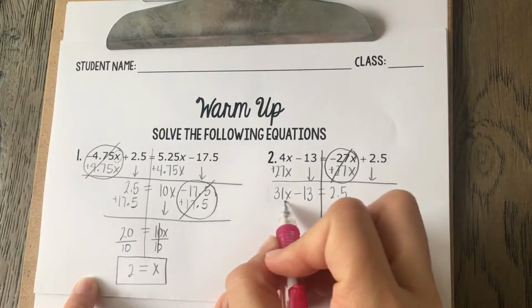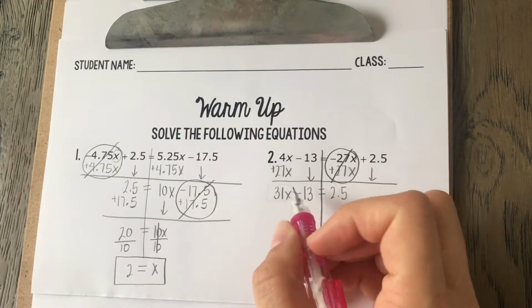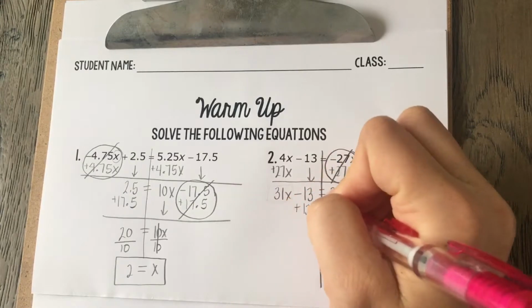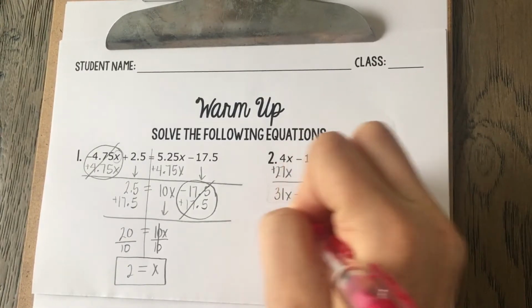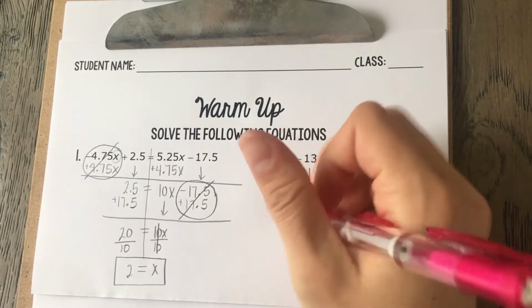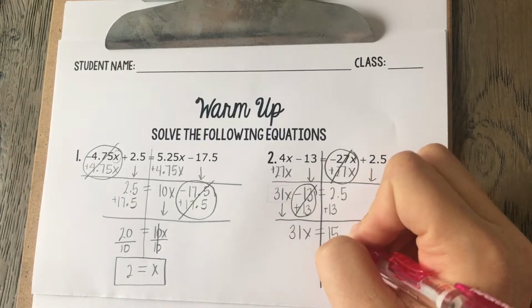I'm working on the same side as my variable to get this constant out of here. The opposite of subtracting 13 is adding 13. And anything I do on one side, I have to do on the other side. That creates a zero pair, and I bring down my 31x. And then that's equal to 15.5.